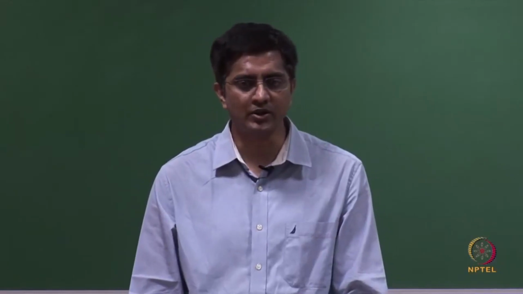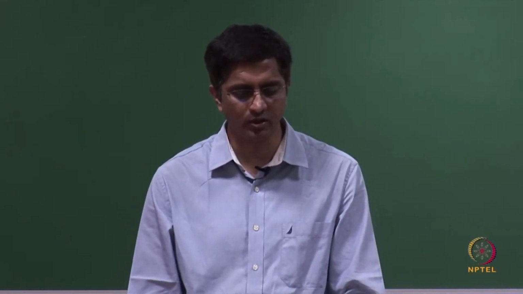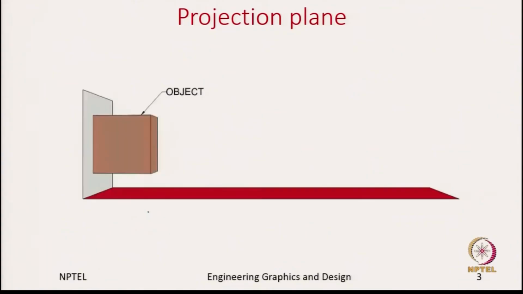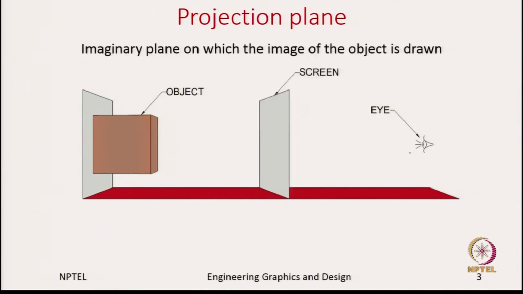So, one way to solve that is to introduce a concept called a projection plane. Let us see what this is. Let us assume we have an object in 3D space and here is our observer. Let us say you or I are standing here in front of the object and looking at it. Now, what we do is we imagine a plane between the object and the observer.